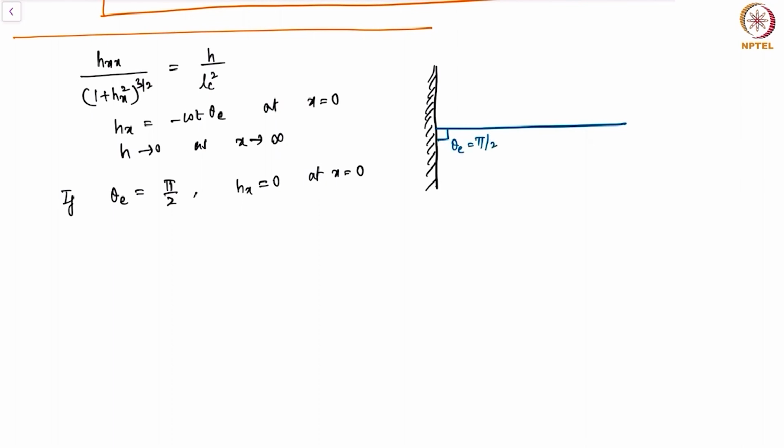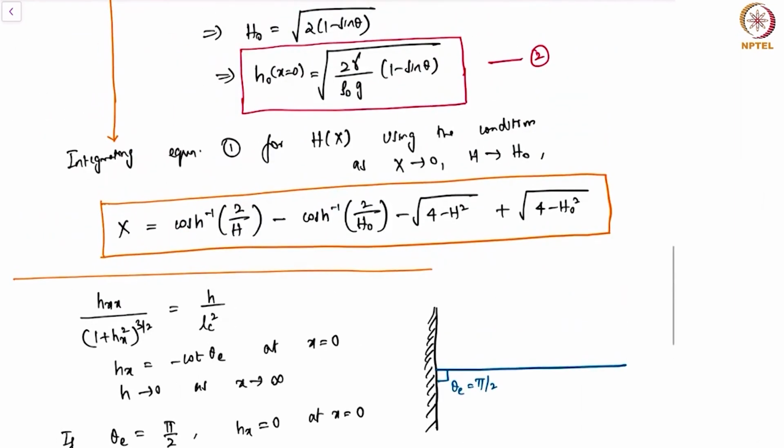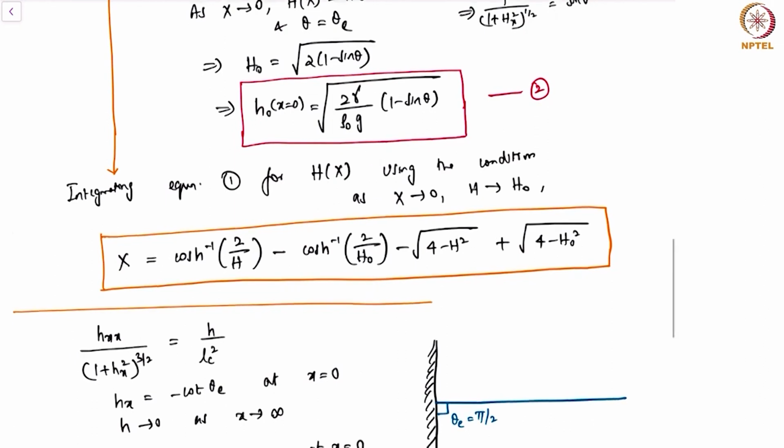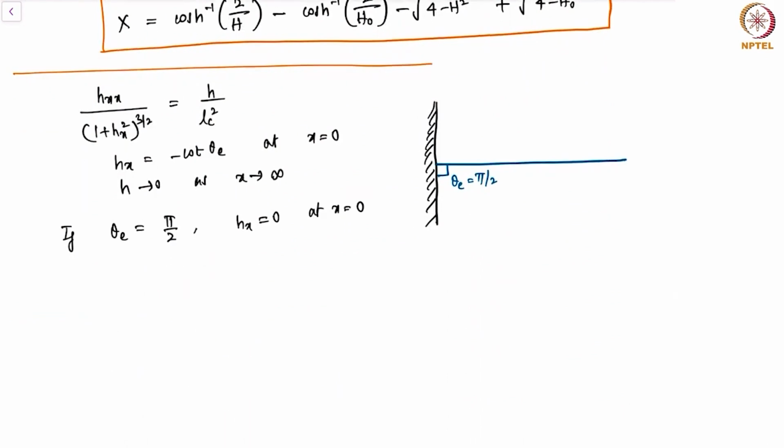There is no curvature anywhere, and the meniscus height is identically 0. Okay, can we confirm this from the equation 2 that we have? The result 2 says that when theta equals pi by 2, sine of pi by 2 is 1, so that's 1 minus 1, and this goes to 0. This confirms that the meniscus does not rise at all.